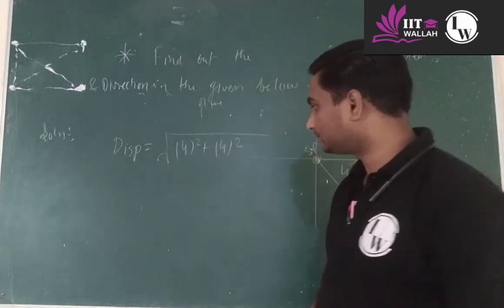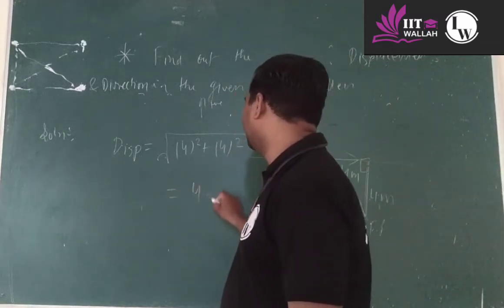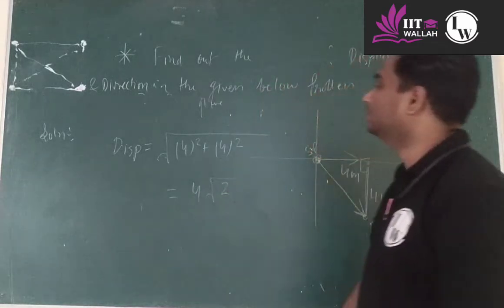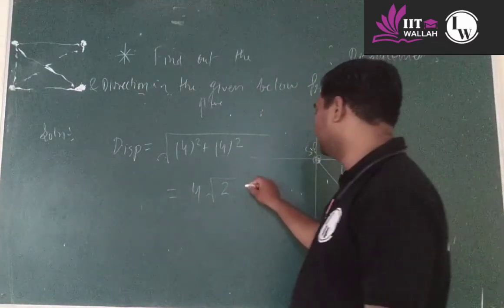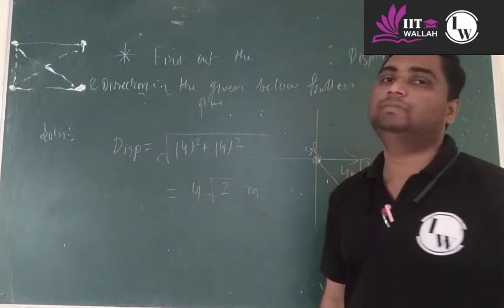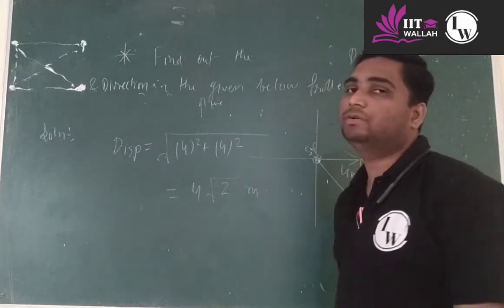So this will be 4 under root 2 meter. So displacement will be 4 under root 2 meter.